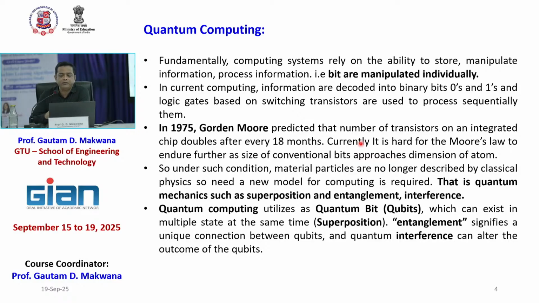Okay, so this is the one reason. Whenever you go below the nanometer, to the size of the atom, we have to create the transistors, which is not possible, because the principle to operate the transistor is based on classical physics mechanisms.